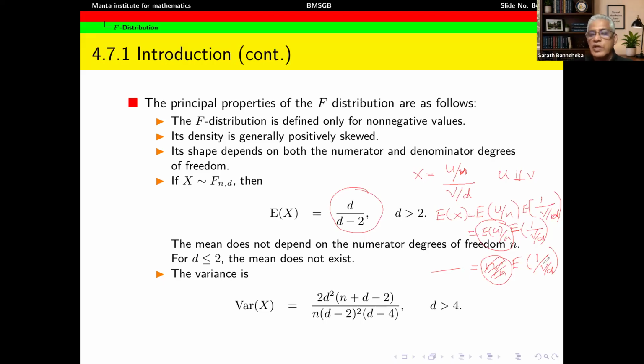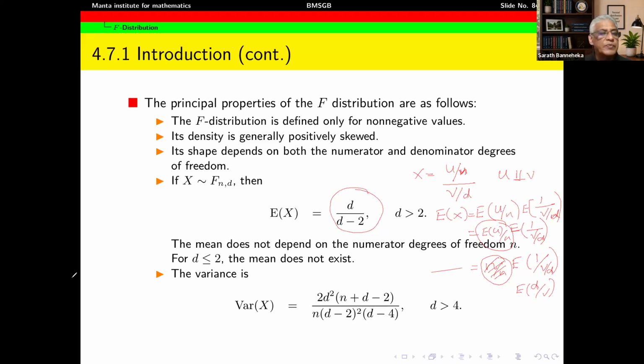That is why N is not appearing in the expected value of X. And we can show that the expected value of 1 over V divided by D, which is the same as the expected value of D divided by V, is this number, if we use the definition of the expected value of 1 over V for a chi-square random variable.